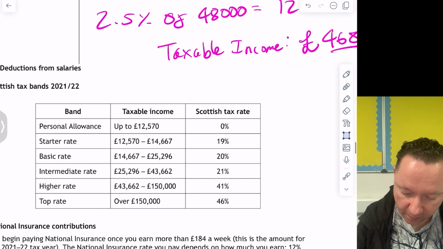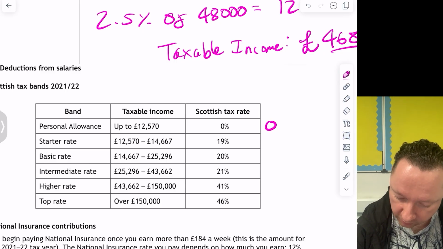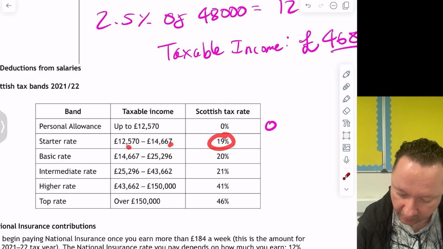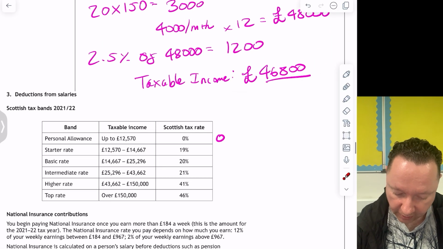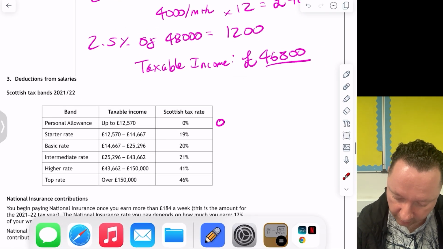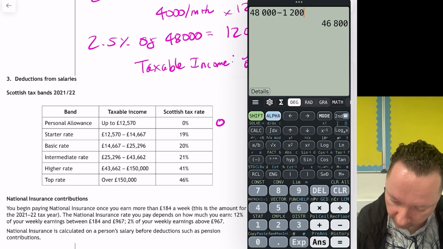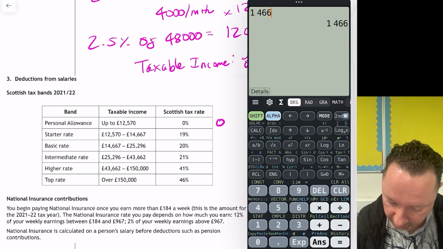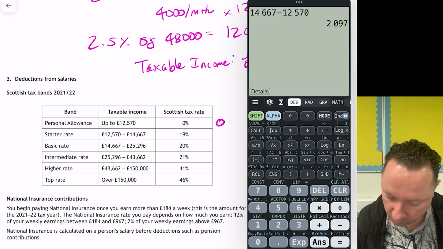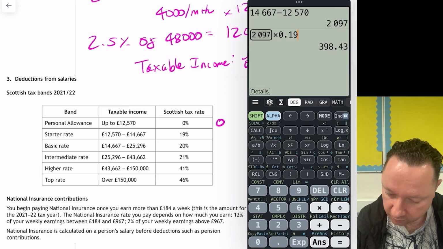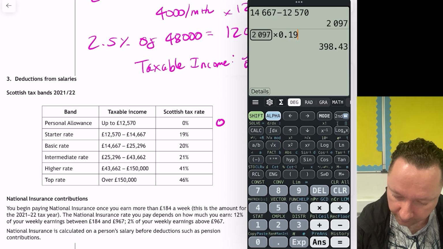So basically remember how this works is, first of all, 0 for 0%, and then we take away each band and times by the percent. We can just put the answers next to it. So I'm just going to do that with my calculator. So I've got 14667 minus 12,570 press equals times 0.19. So the first number is 398.43.